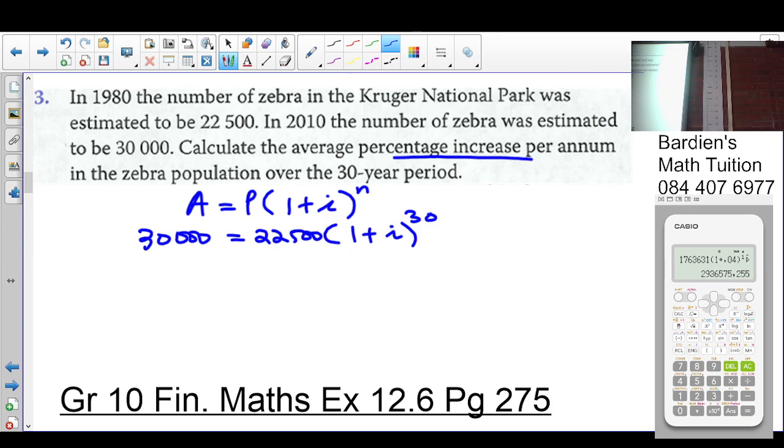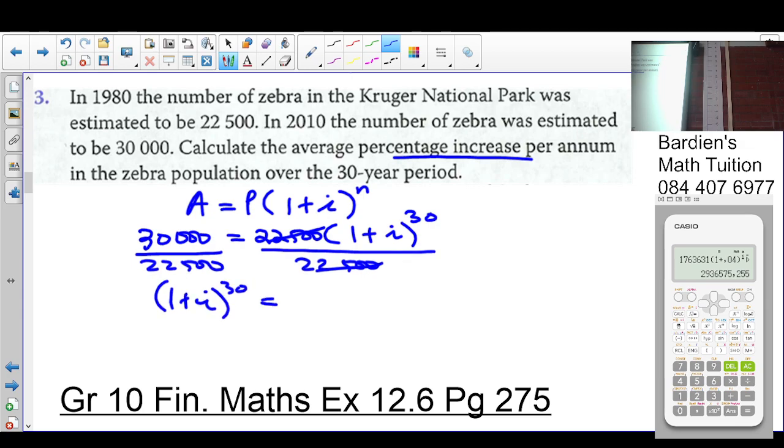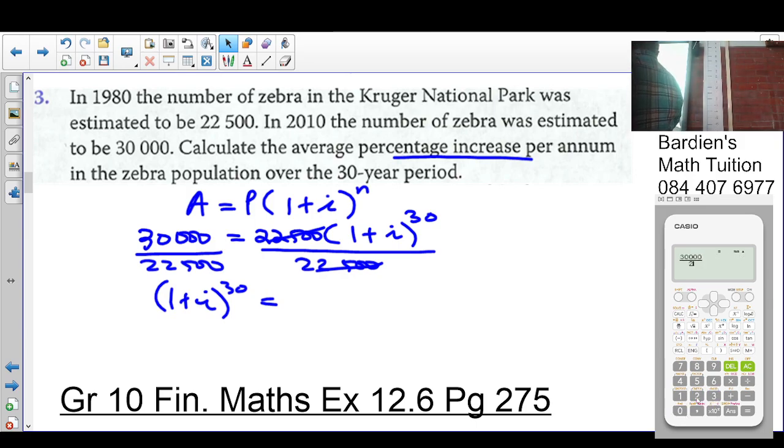So what do I do first? Divide by 22,500. That cancels. So it's 1 plus I to the 30 is equal to 30,000 over 22,500.